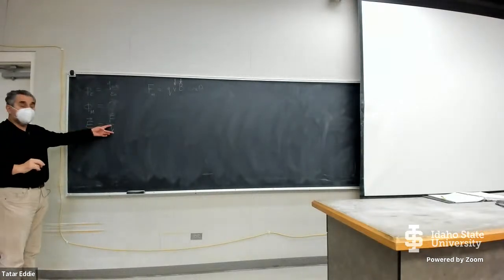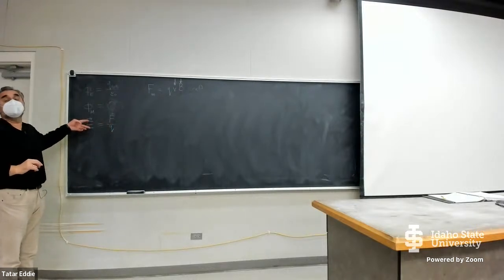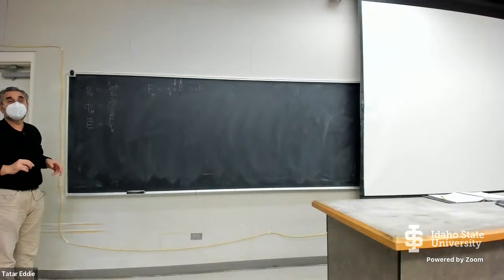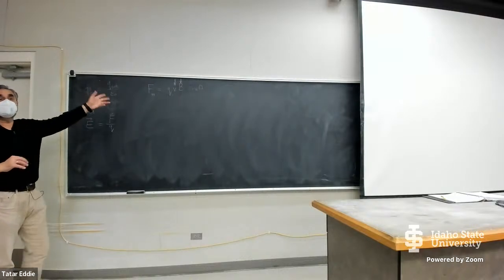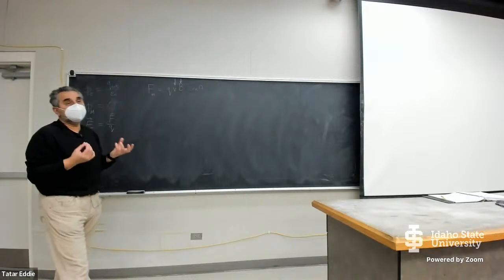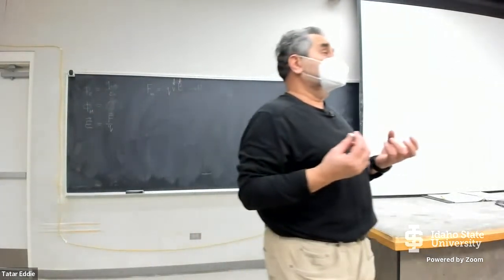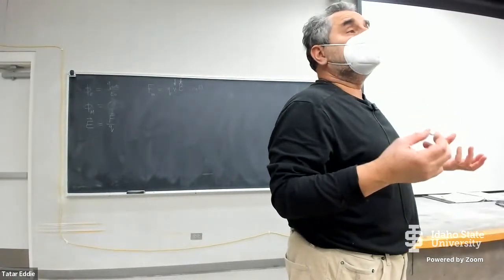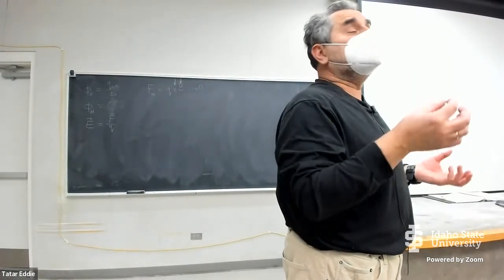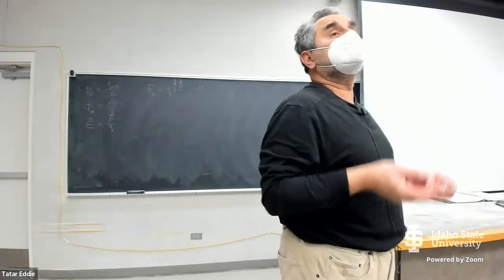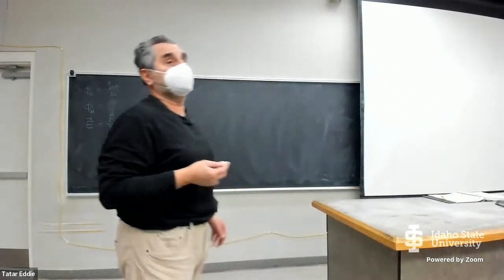But since we don't have magnetic charges, we cannot use this simple definition. Instead, we use a relatively complicated observation, which is the fact that electric charges in magnetic field, if they're in motion, are going to feel a force of this type.